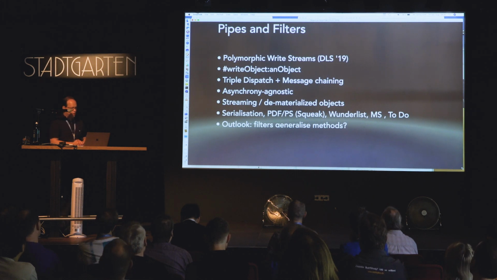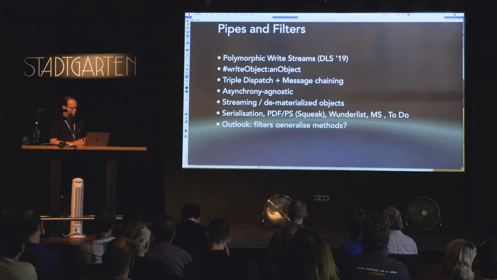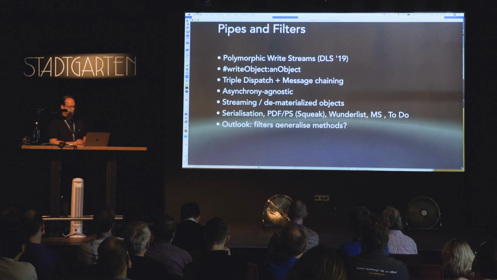Next architectural style supported is pipes and filters, and there's a paper on that this October in Athens at the DLS. And essentially, the discovery really, it's not a huge discovery, but the conceit is that you can actually model most of what you want from a pipes and filter system completely with objects and messages by having a singular message, which I call write object, possibly a bad name.